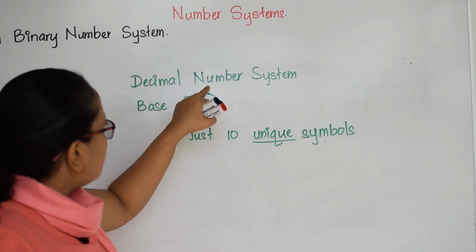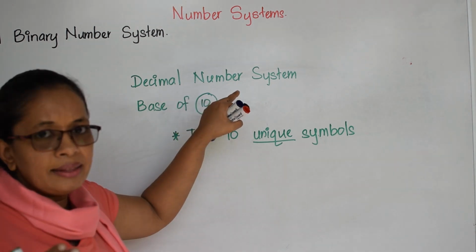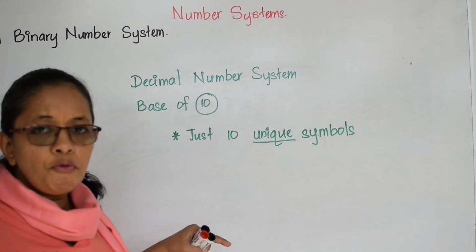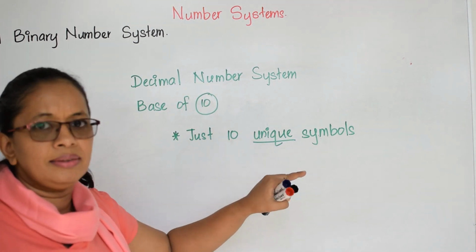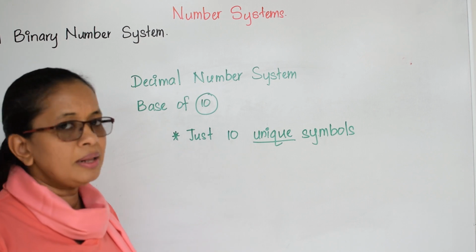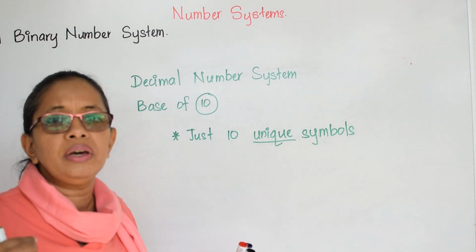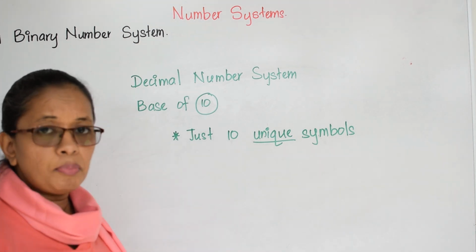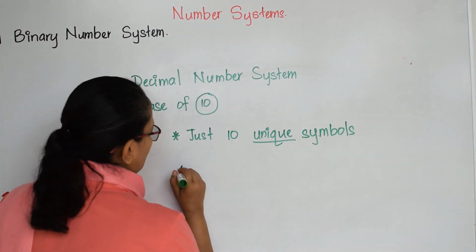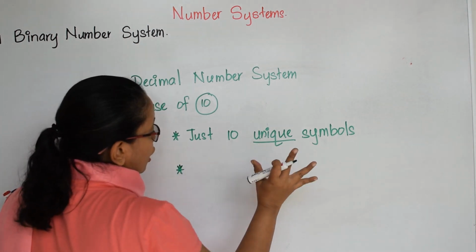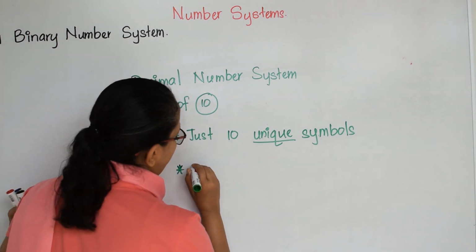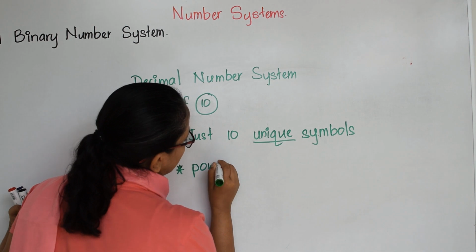Now positional notation is the basis of this decimal number system. So there should be a value assigned to these symbols in a sequence. If these symbols are listed in a sequence, there should be a value given to a particular symbol based on the position. The values assigned to this base 10 number system are powers of 10.